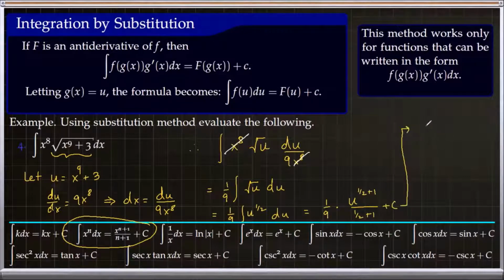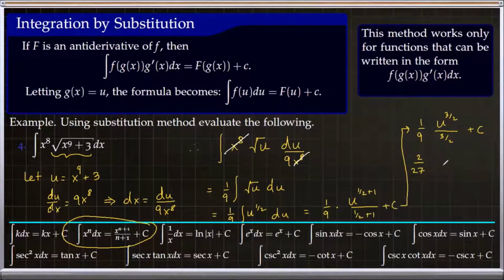I'm going to go up here. So we get 1/9 times u^(3/2) over 3/2 plus constant. So this dividing by 3/2, I can flip that and make that multiplied by 2/3. So we'll get 2/27 as the constant part.